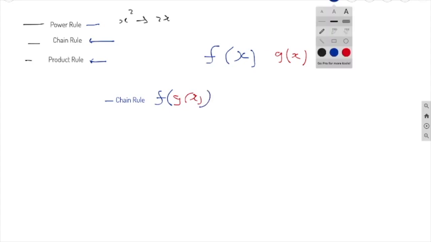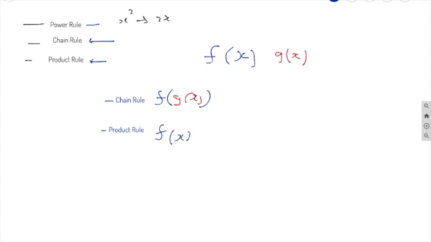And for the product rule, we would expect, let's put it in for consistency, the function f of x multiplying the function g of x. Now, these two things are clearly different from one another, but in some examples, they may look a bit more similar than they are now. So I just want to point that out at the very beginning. This video is focusing on the chain rule and not the product rule. But that's fine. I'll make things a little bit more obvious as we go through.